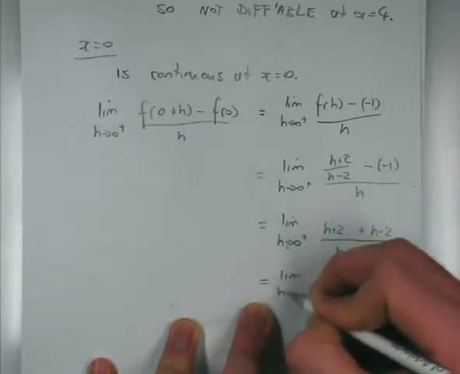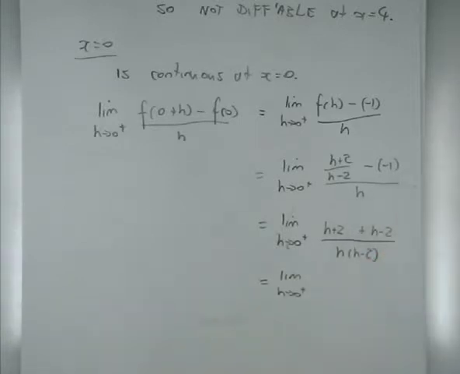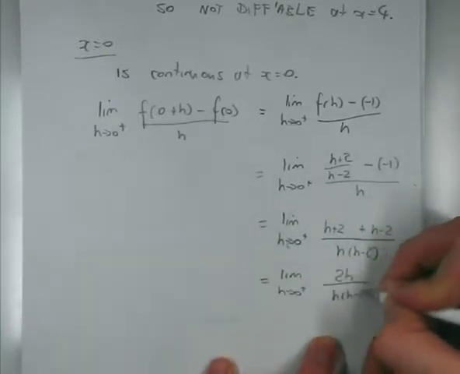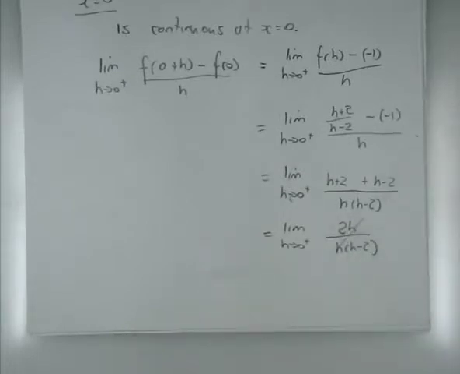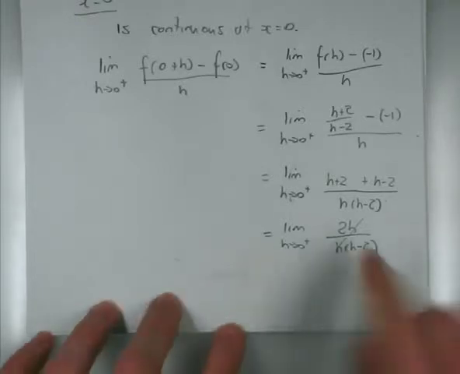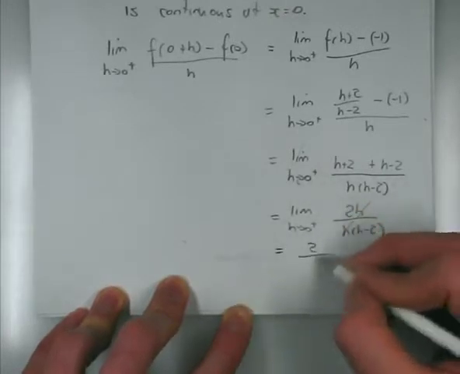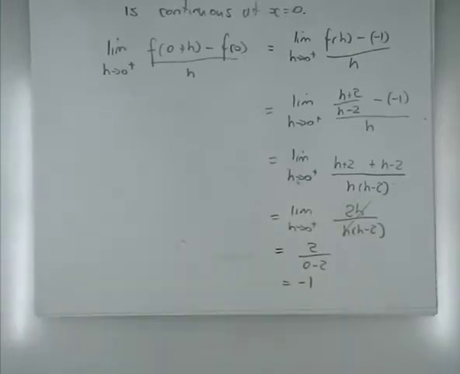Which is the limit as h goes to 0 from above of 2h over h minus 2, and then the h's cancel, which is good, they're supposed to do that. You're supposed to be able to get the h off the bottom. And now there are no h's on the bottom, so if I sub in 0, I'll get 2 over 0 minus 2, which is negative 1. So if the derivative is this, that's what it is.